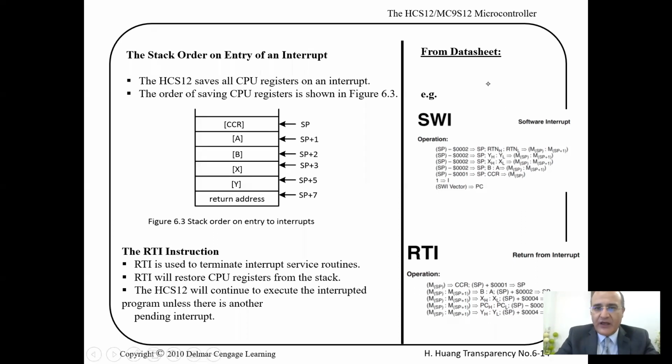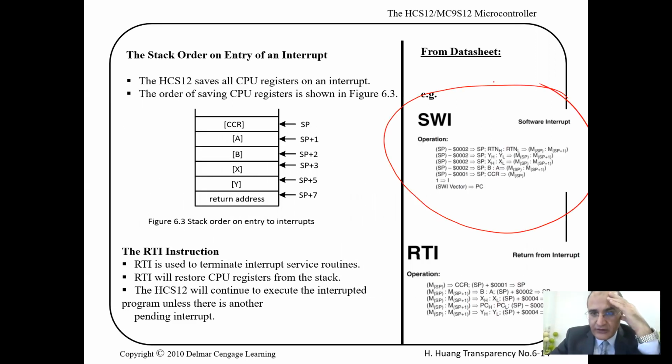And I copied this from the CPU data sheet for a software interrupt to show you the same. So this is what the data sheet says. This is SWI, a software interrupt. I'm going to talk about it later.